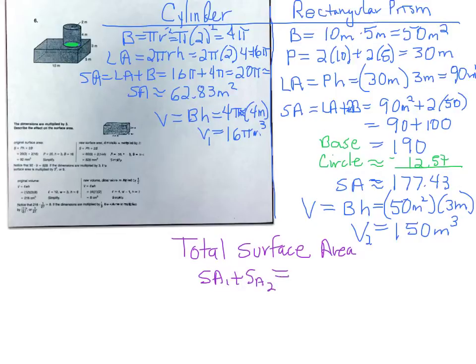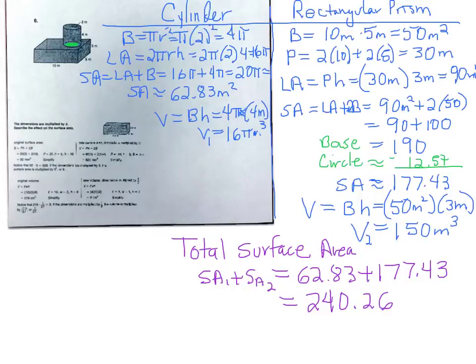So your answer was supposed to be 62.83 added to 177.43. When you put that into the calculator, it gives you that the total surface area is 240.26. This is area, so it's square meters.